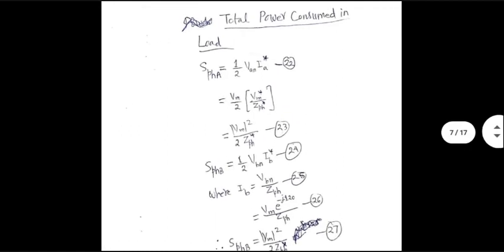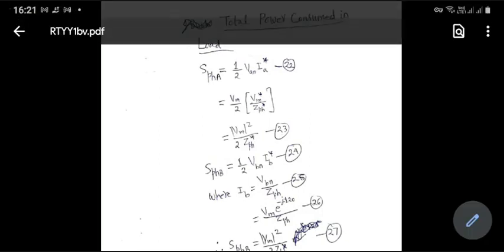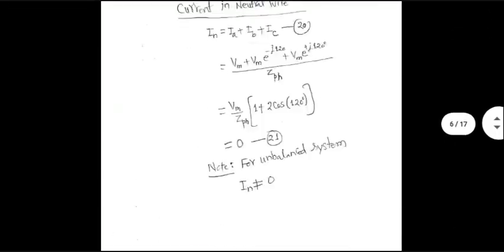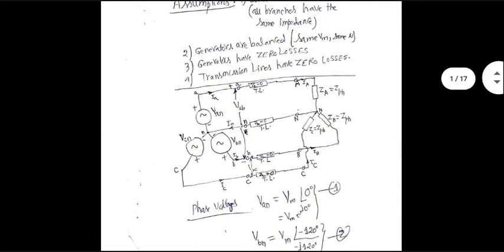Complex power on the load side in phase A is half VAN IA complex conjugate, because losses are ignored. So voltage V capital A capital N, that is on the load side, will be same as V small a small n on the generator side.